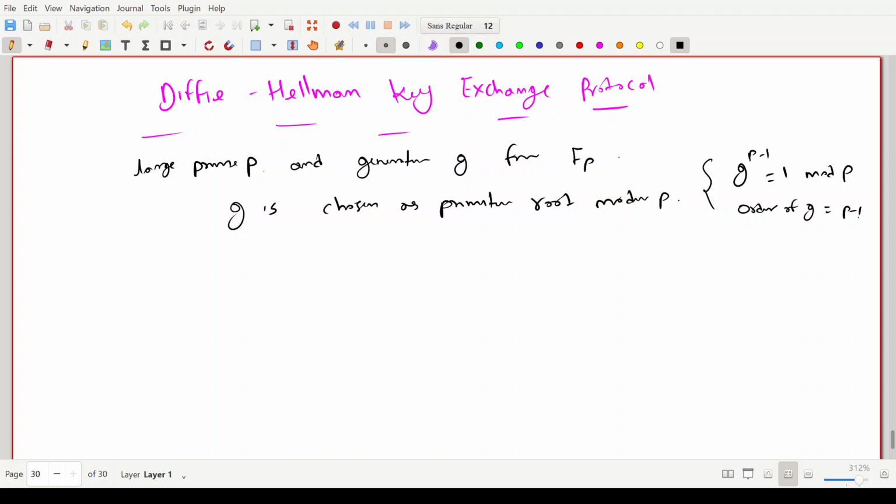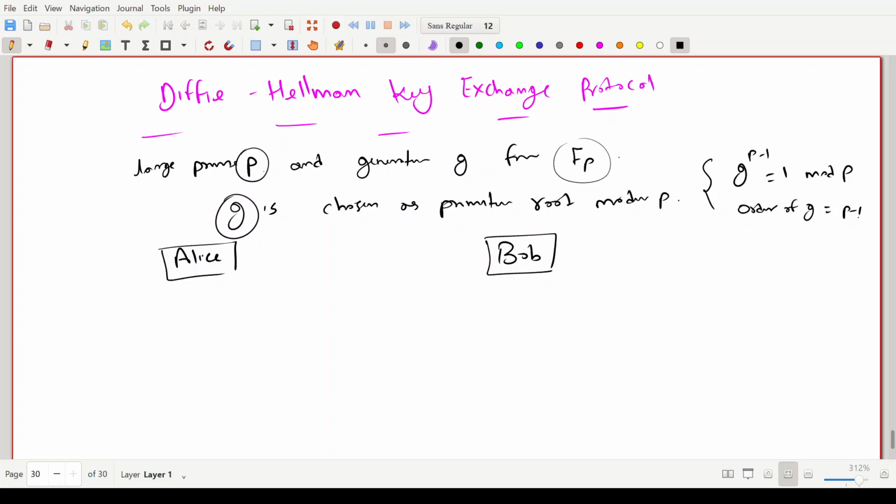Okay. So now let us come to the algorithm. Let me write Alice here and Bob here. What do they have? They know a prime P and a generator G. This is the group they are going to follow. Okay, so let us begin.